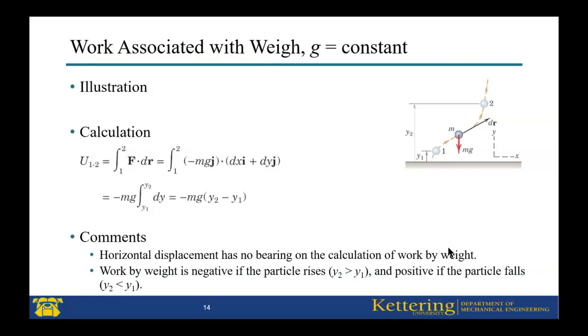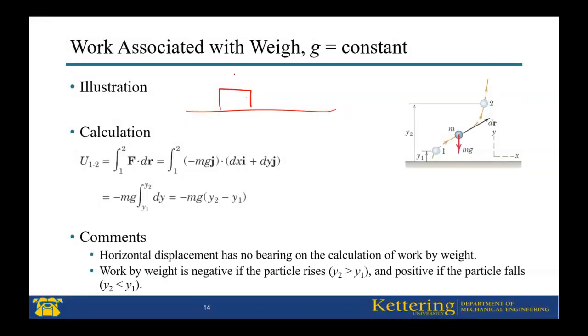If I just release this one, the amount of the work will be negative, because y2 is less than y1. This one is negative, negative minus negative is positive. The amount of the work will be positive. You have to be careful, especially for the work that is done by the weight. Also, this one is consistent with what I mentioned before.